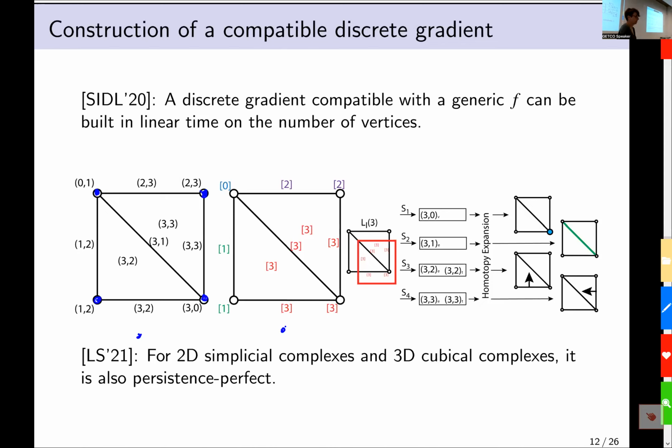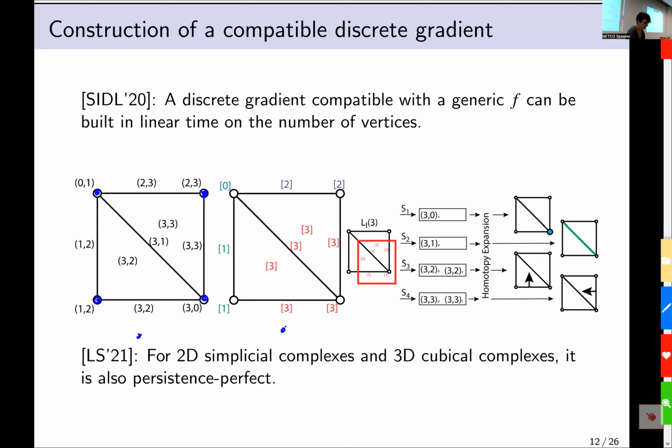So it is the generalization of perfectness of a Morse function for persistence. And so this means that this algorithm for two-dimensional simplicial complexes captures exactly where the persistent homology undergoes a change, and the same for three-dimensional cubical complexes.